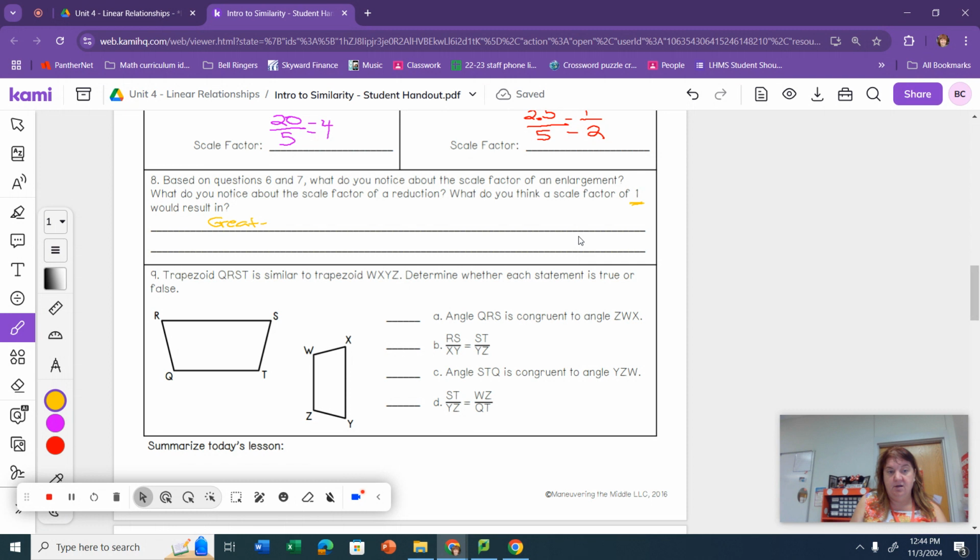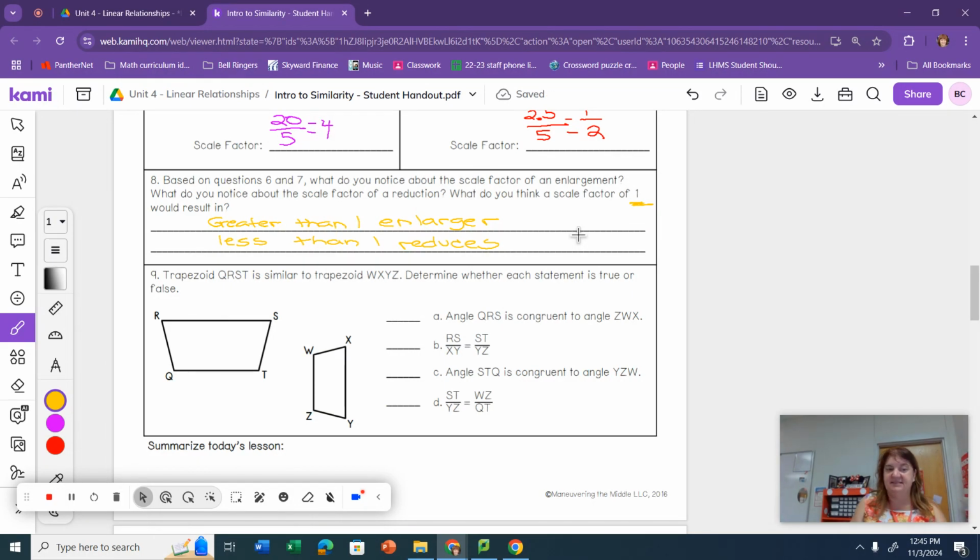Greater than 1 means it's going to get bigger. So it enlarges. And a scale factor of less than 1, it gets smaller. It reduces.